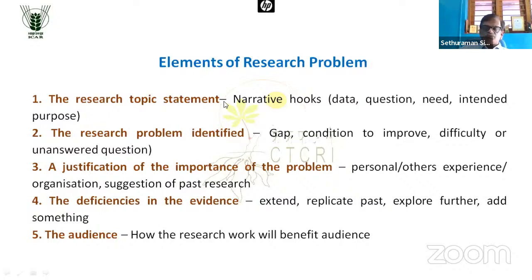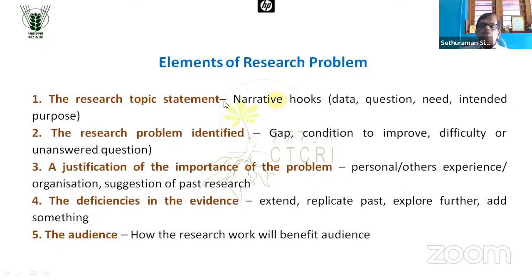So you have to say that the farmers' non-adoption of the released varieties is a problem for the university, because so much money was spent in developing the variety, and if farmers are not adopting it, there is a problem. This problem has to be solved through my research program.